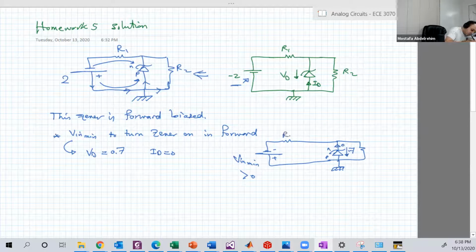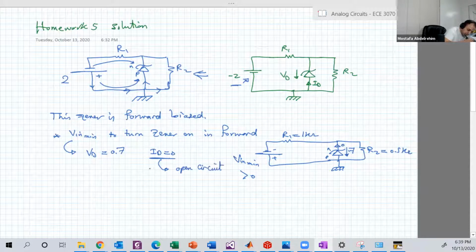Okay, so this is R1, this is R2, and R2, I think, is half a kilo ohm, R1 is 1 kilo ohm. So basically, since ID is equal to 0, it's like an open circuit.